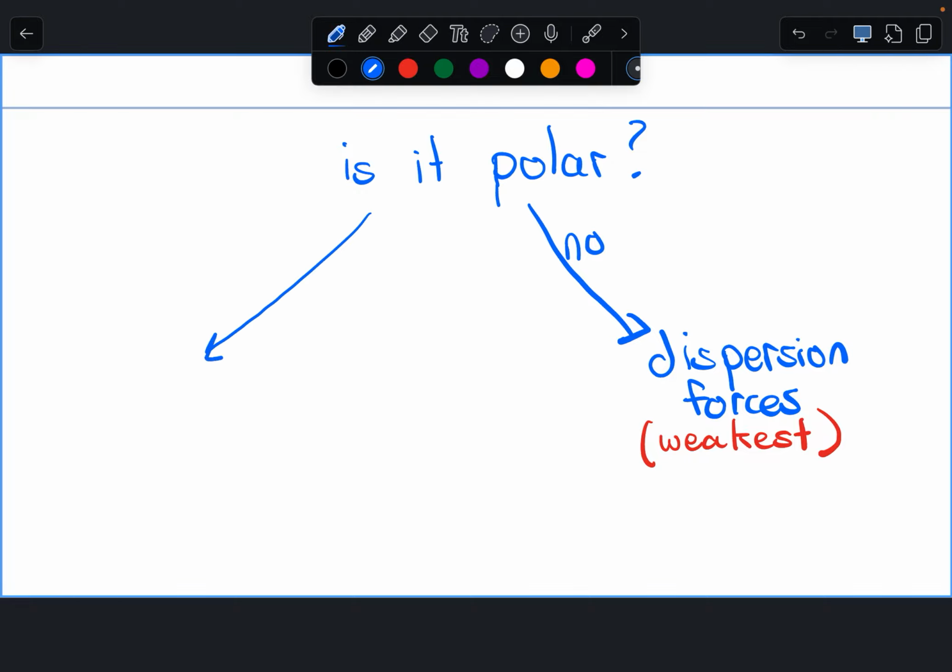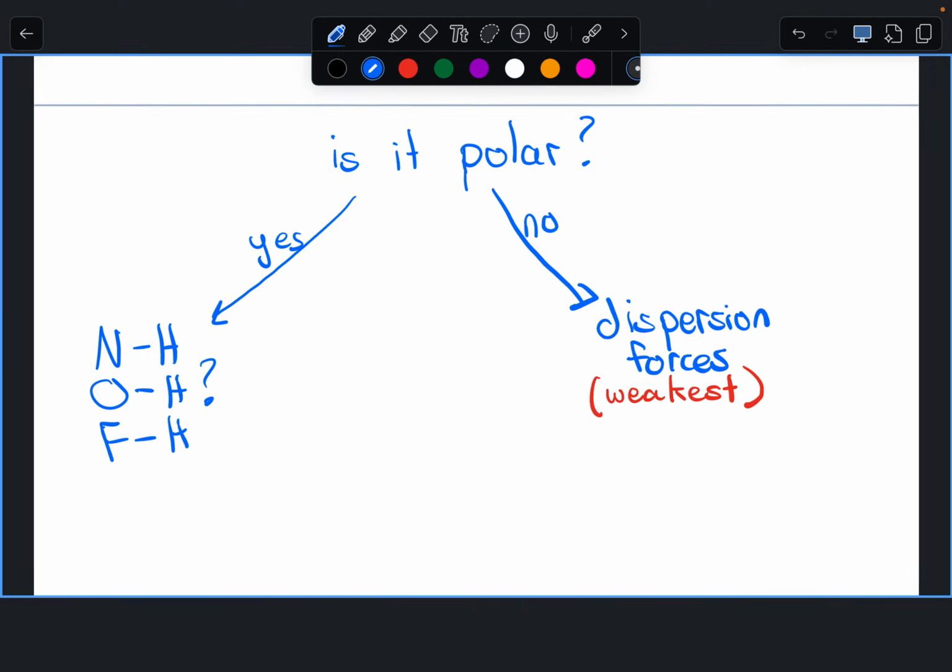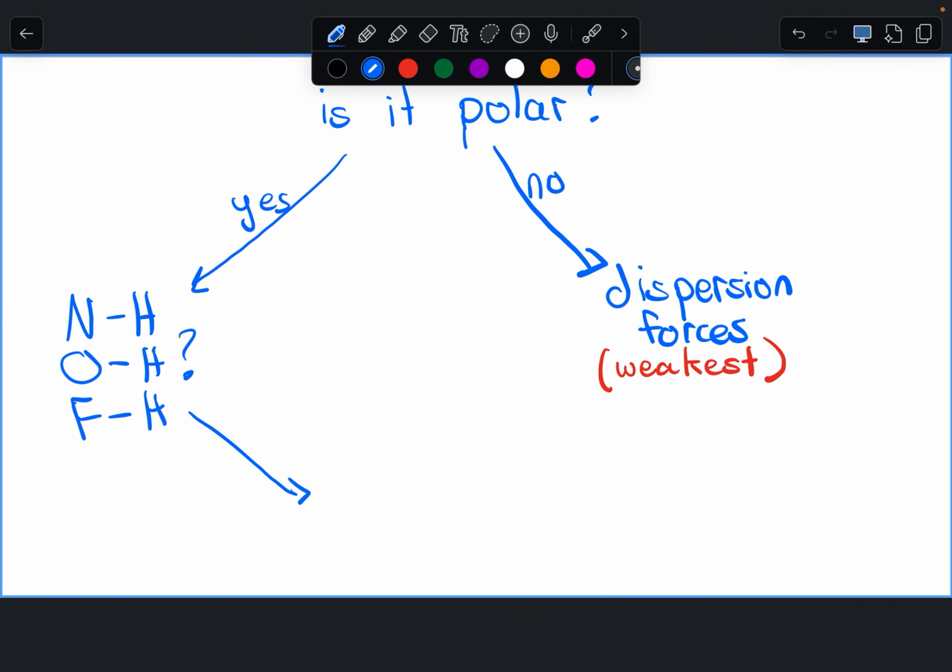Then if it is polar, you've got to ask yourself another question. Do you have that nitrogen-hydrogen, oxygen-hydrogen, or fluorine-hydrogen bond within the molecule? If you don't, that means we're talking about a simple polar molecule, not one of these special ones.